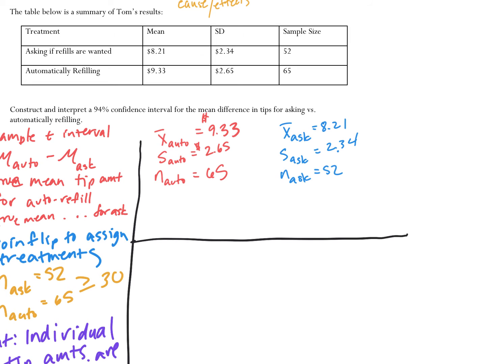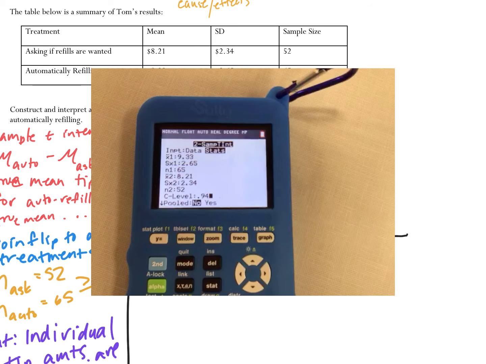So this is what your screen should look like. Is the confidence level 95? I think I said 94.